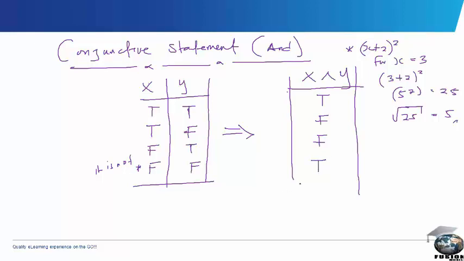You can see how we derived the outcomes of this particular statement for the conjunctive statement. Just keep that in mind, because we'll be using that to further our examples and take on some more concrete conclusions.